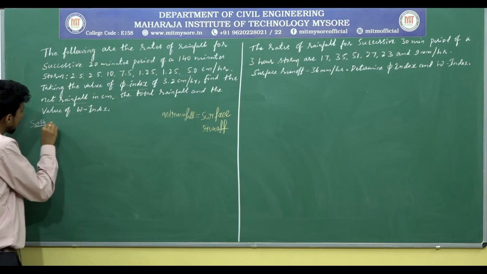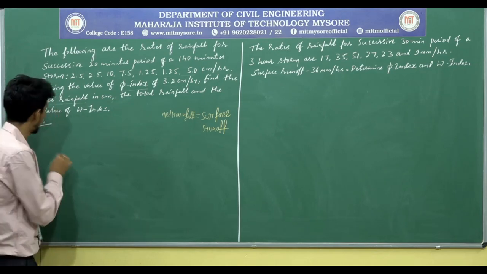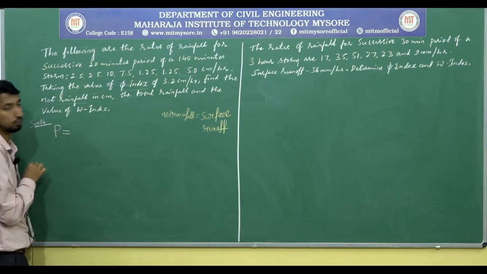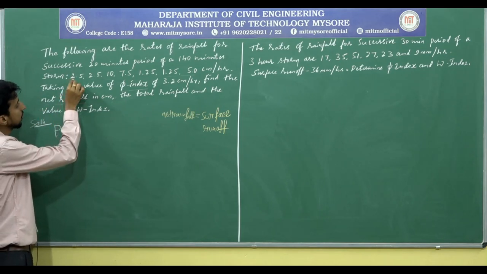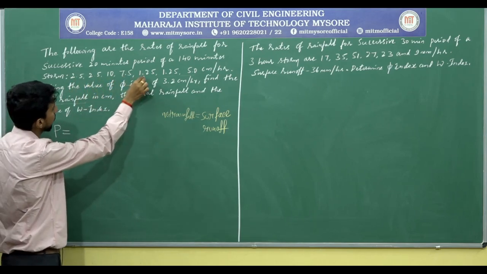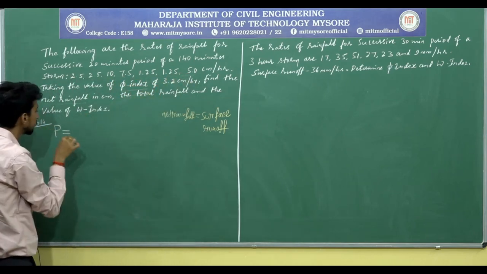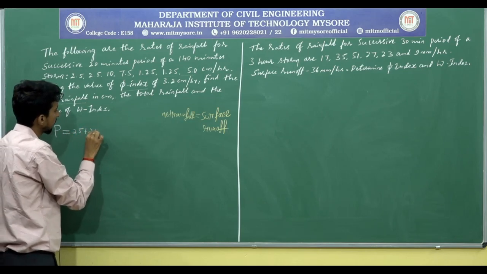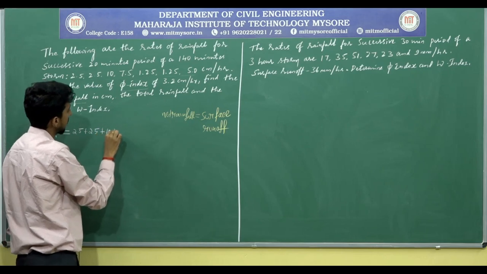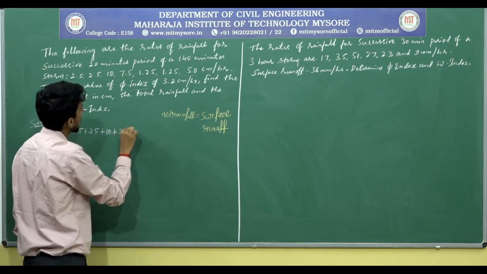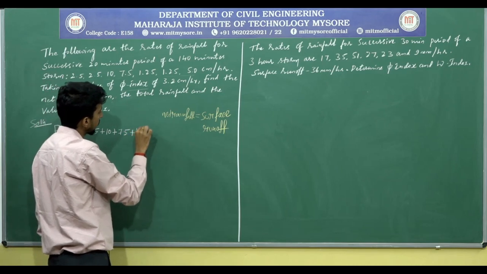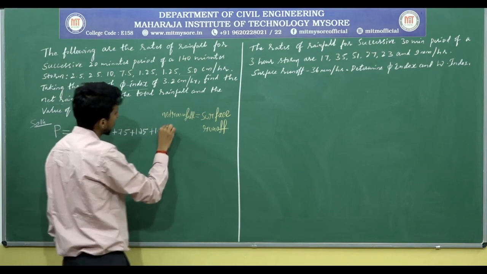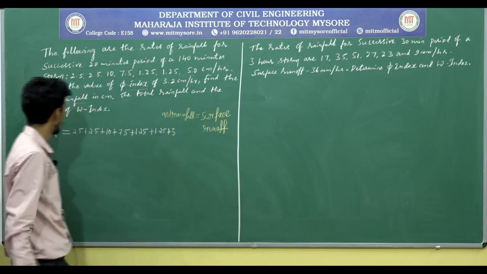Solution: first we shall find the total rainfall, represented by symbol P. P equals the sum of the rainfall intensities: 2.5 plus 2.5 plus 10 plus 7.5 plus 1.25 plus 1.25 plus 5.